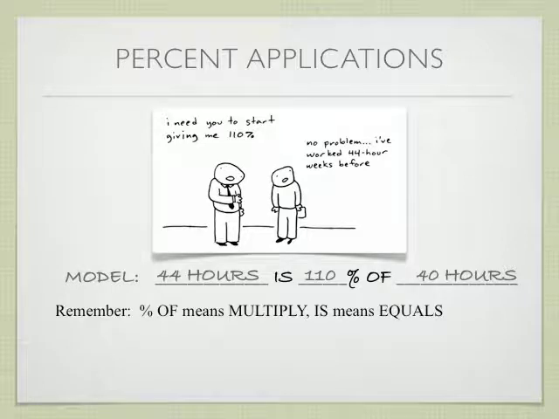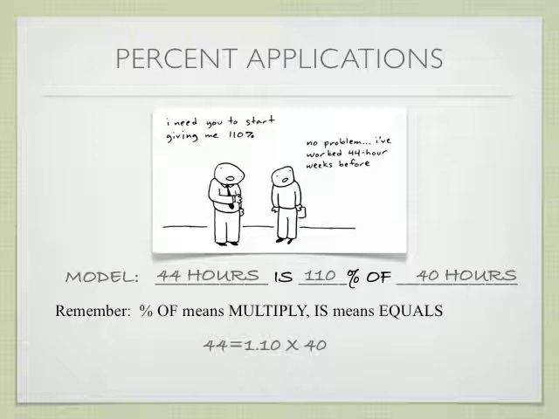Percent of means multiply, and is means equals. So we'd have 44 equals 110%. Every single time we use a percentage in an equation, we need to convert it to its decimal or fractional form. But every single time I use it, I'll use the decimal form. It's just easier.